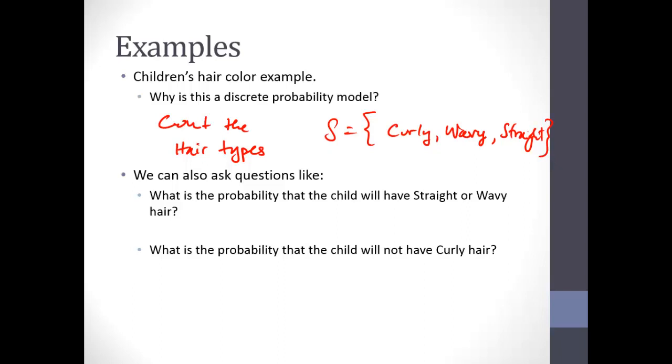But there are a few other types of questions I can ask here, such as what is the probability that the child will have straight or wavy hair? In my notation, this is the probability that the child has straight or wavy hair.